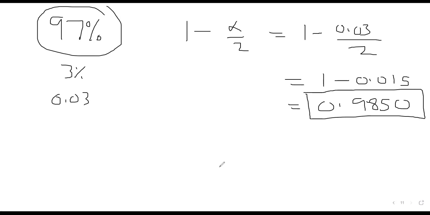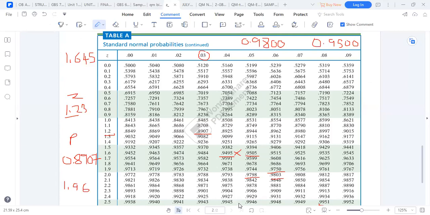So we go into the table, 0.9850. Can somebody help me to identify 0.9850? It's zoom on the screen. What are you finding closest? 2.17, is that closest?